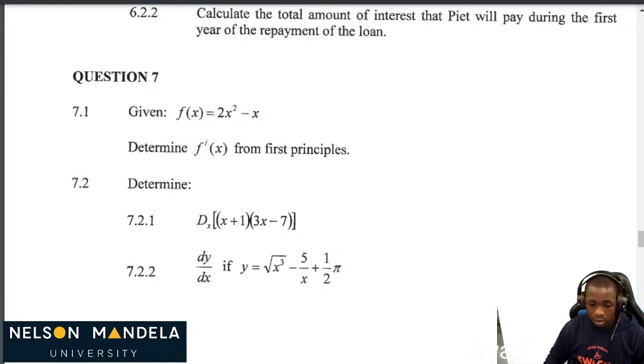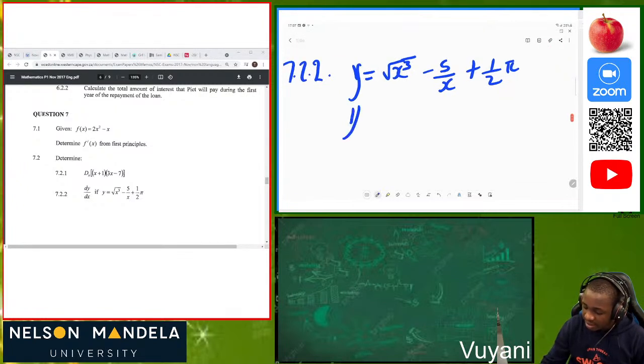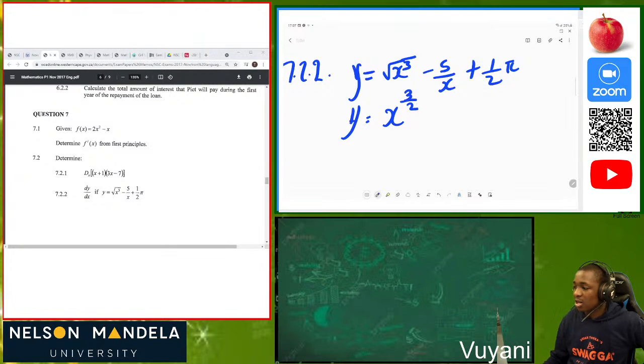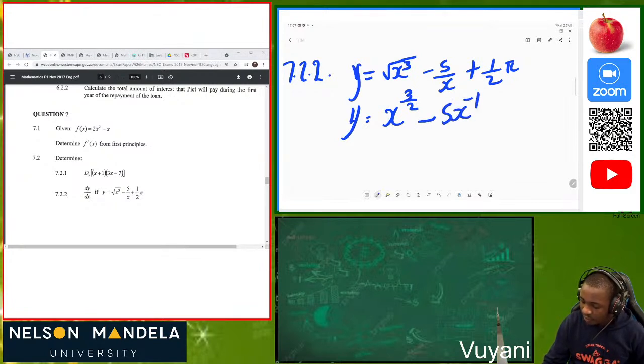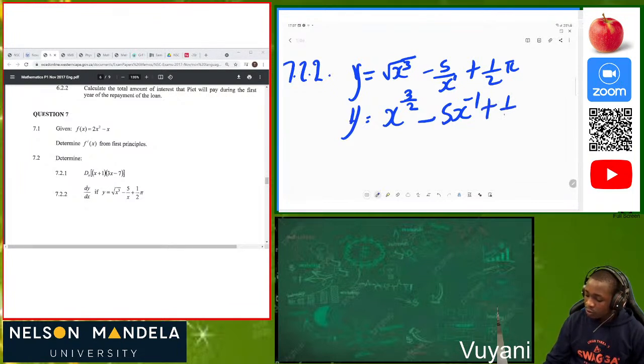In order for us to differentiate this, let's first write it in simplified form. We know that a square root can be written as x to the power 3 over 2. We all know that, guys. Then minus 5x to the power negative 1, because when we take x from the denominator to the numerator, the exponent becomes negative 1. Then plus 1 over 2 pi.